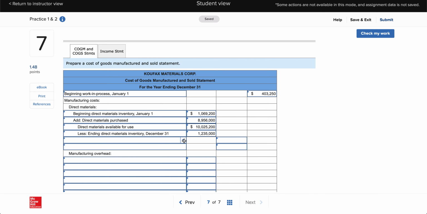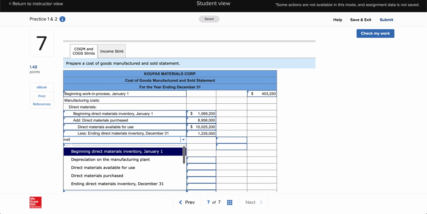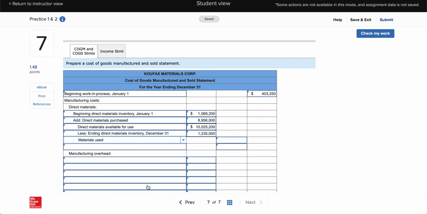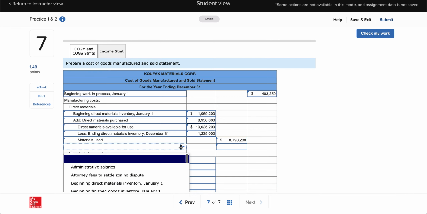Okay, and this will give us the amount of materials that were used. So if we take the direct materials available minus the ending balance, it says that we used $8,790,200 in materials. To that, we need to add our direct labor.